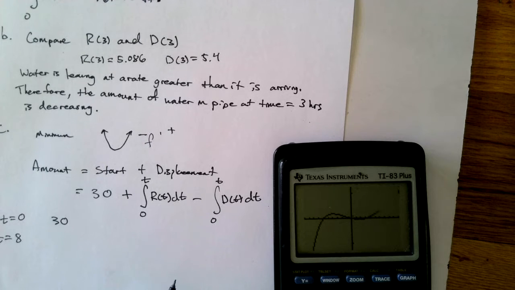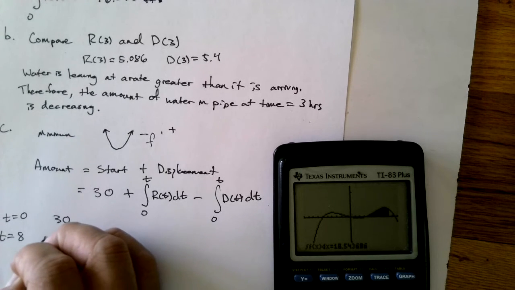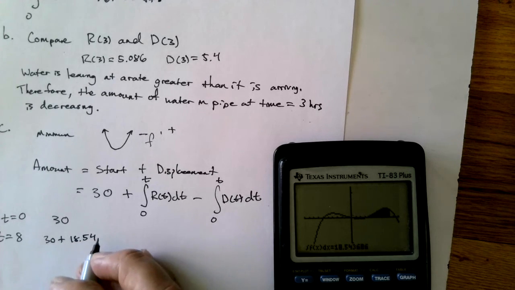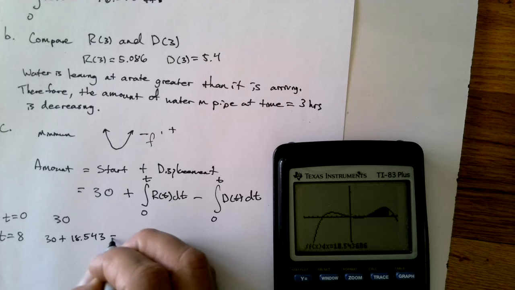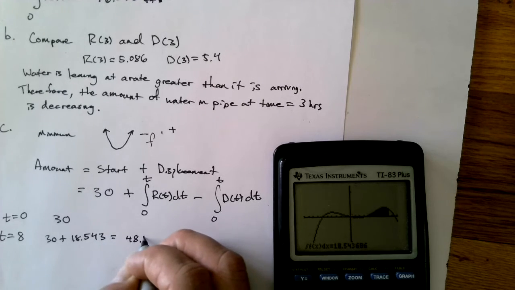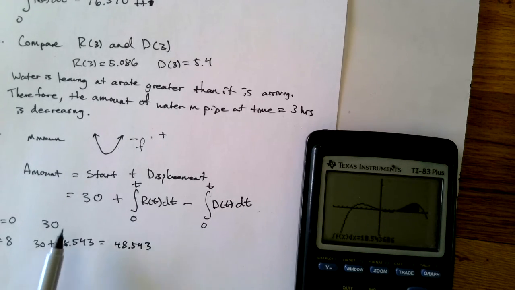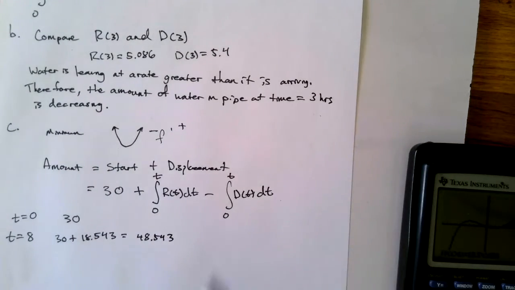But we're going to calculate that from 0 to 8 right now. 0 and 8. And I get 18.543. So 30 plus 18.543 is equal to 48.543. Okay? Now, so that's the endpoints, but you need to check then.